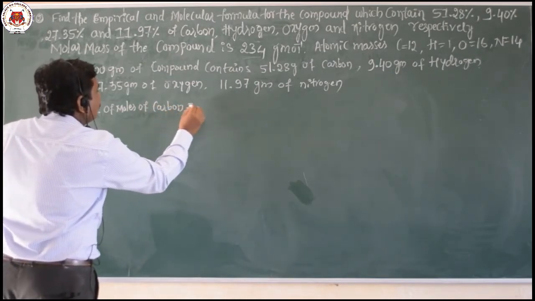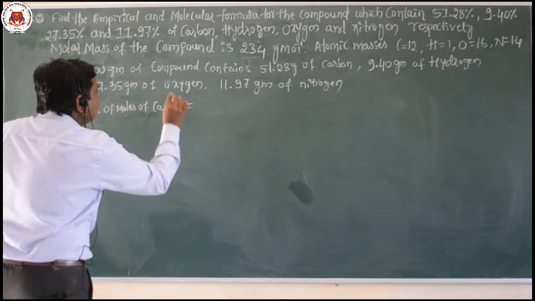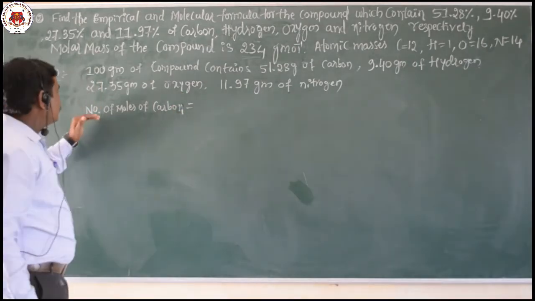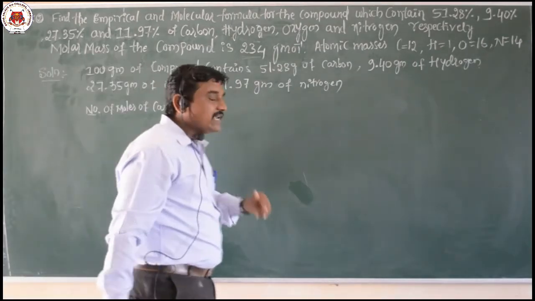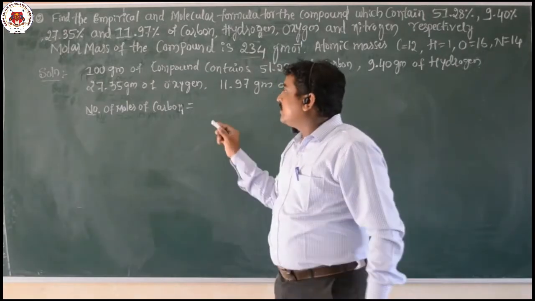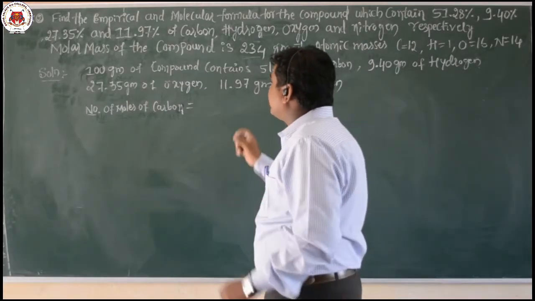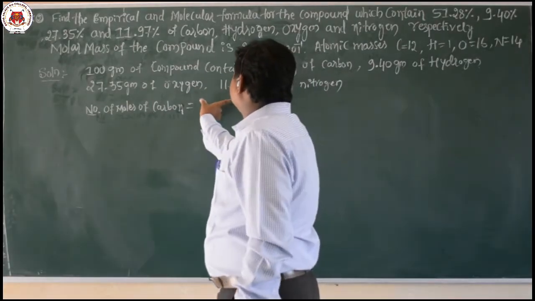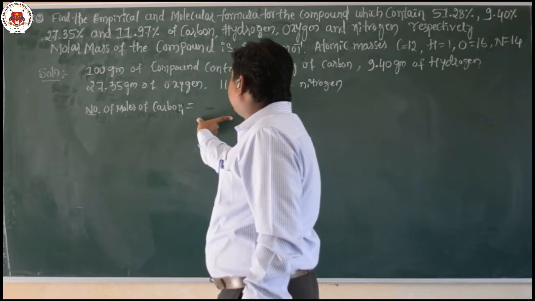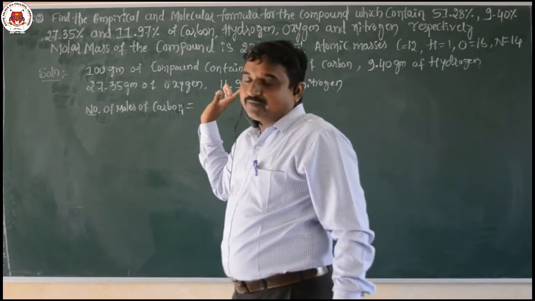For that you have to calculate the number of moles of each element. Number of moles of carbon is the given weight of carbon divided by the atomic mass of carbon.